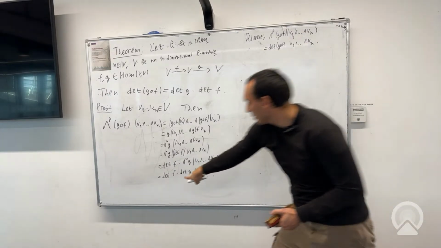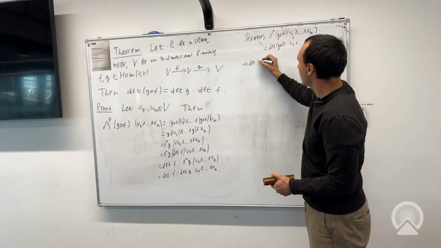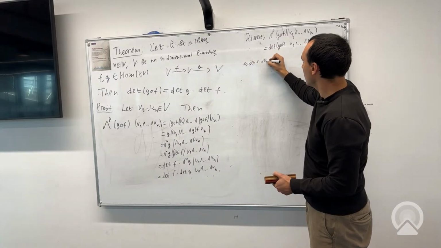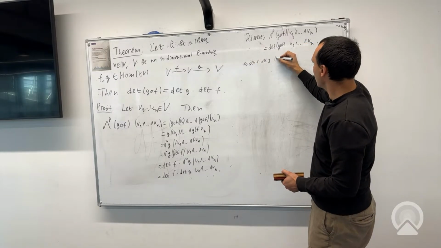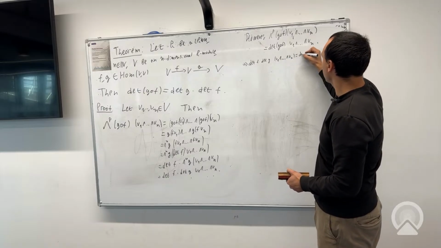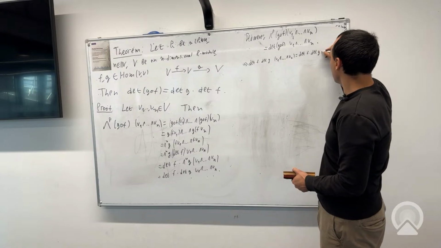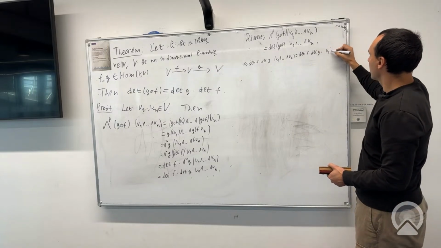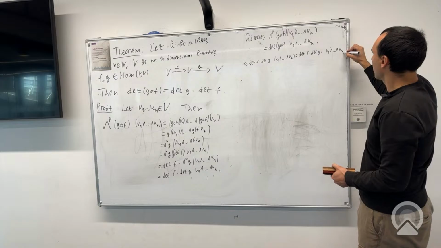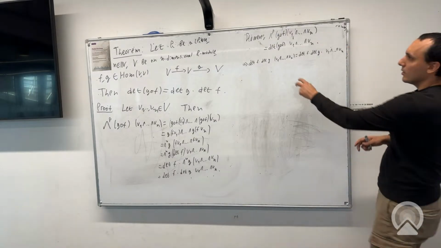And so we have this equal to this. So determinant of F times determinant of G times V1 to Vn is the determinant of G composed with F times V1 to Vn.